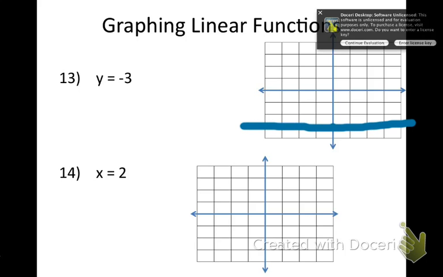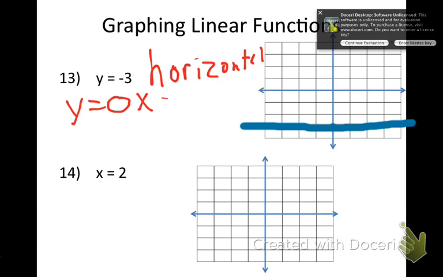Anytime you have y equals a number, you'll always get a horizontal line because I have no slope. That'd be like saying y equals 0x minus 3. My slope is 0 there, so I'm not rising at all. It's just a flat, horizontal line at negative 3. So note that y equals a number gets us a horizontal line.